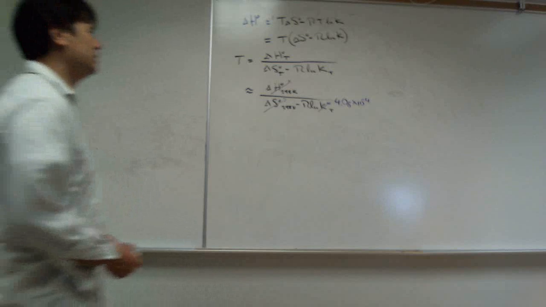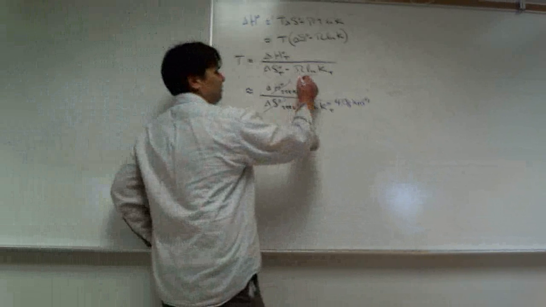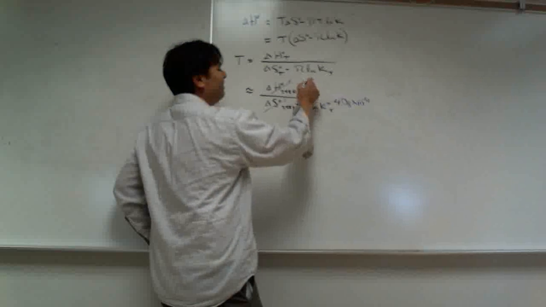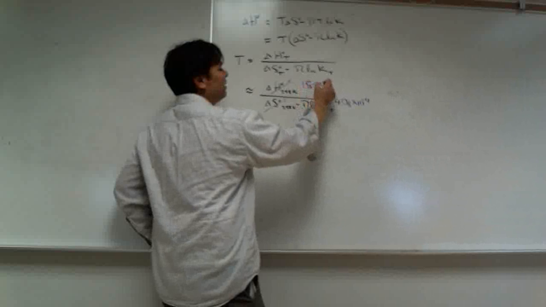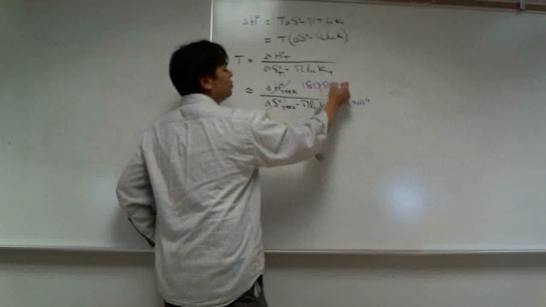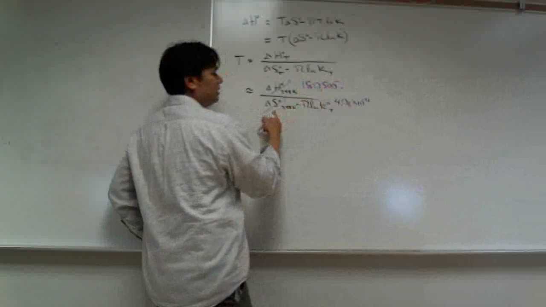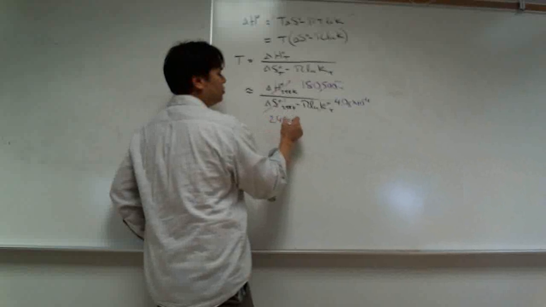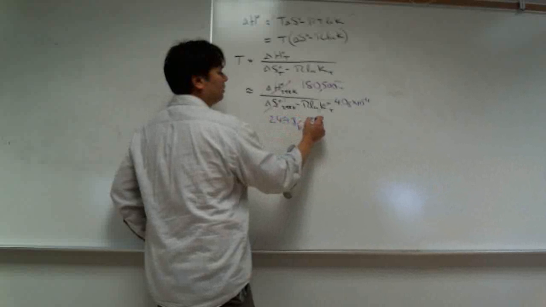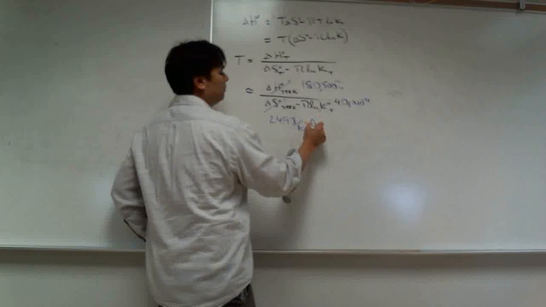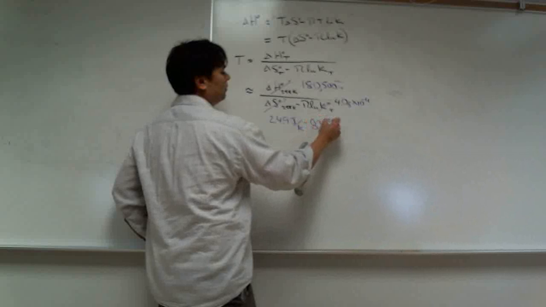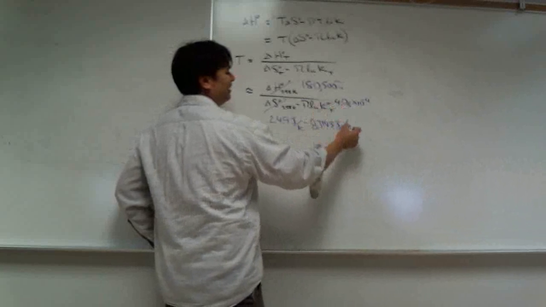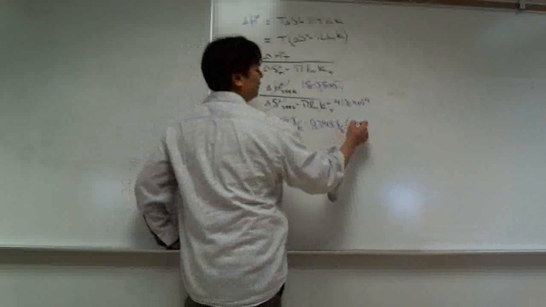Was delta H again? 180.5. All right, we'll do 180,500 joules. Delta S? 24.9 joules per Kelvin. R? 8.3145 joules per Kelvin. ln of K?